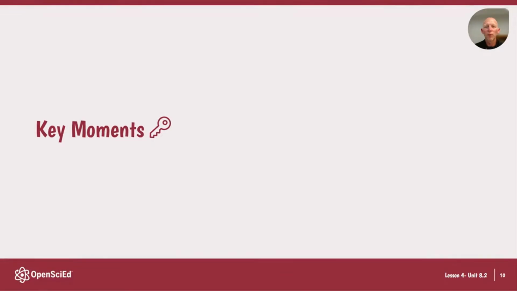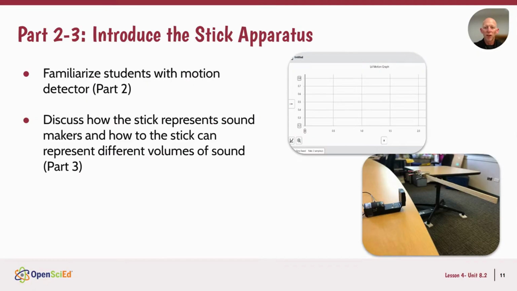Just a few key moments I want to highlight. First, in parts 2 and 3, you're introducing this whole motion detector meter stick apparatus. Part 2, you're familiarizing students with just the motion detector. You're having a student stand a certain distance away from the motion detector, walk towards it, watch the line on the software that you're displaying go down.